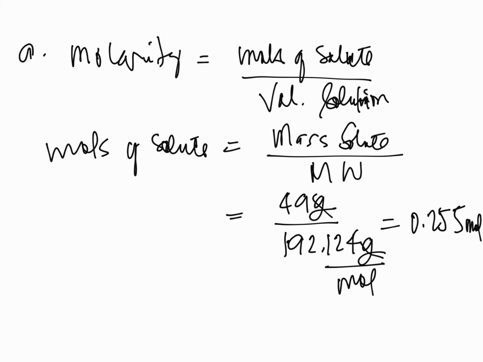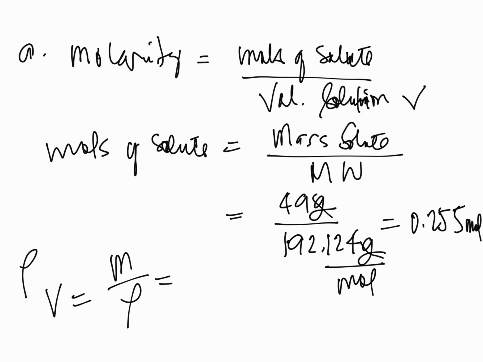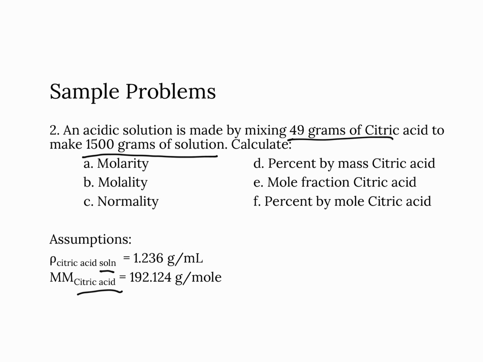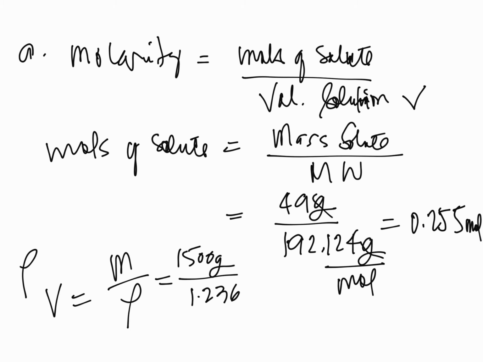Okay, so we're just going to find the volume of the solution. To get the volume of the solution, use density. So V equals mass over density. The mass of the solution is 1,500 grams, then the density of the solution is 1.236 grams per ml.